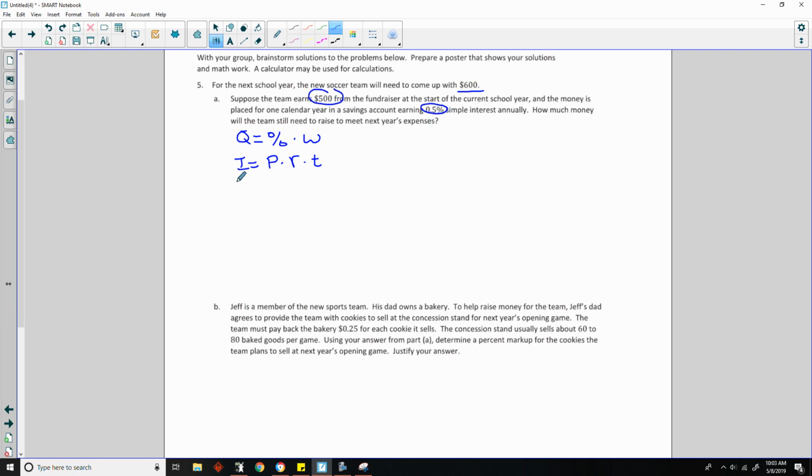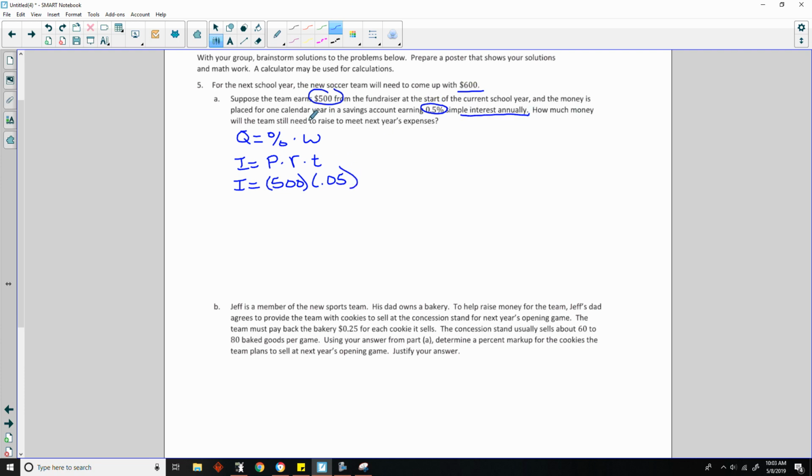And that's what we're going to use in this problem. So we want to find out how much interest we're going to earn on that money. So my interest earned is going to equal my principal of $500 times the interest rate of 5%, which is 0.05, and time is simple interest annually.